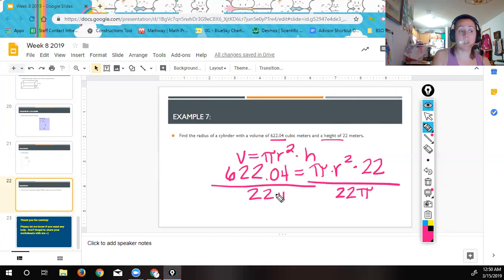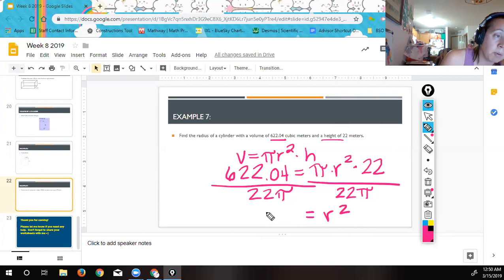And you can totally leave it kind of together because 22 times pi is just telling you to multiply that number. So we're left with radius squared. And I'm going to go 622.04 divided by 22 pi. And I always put parentheses around the 22 pi just to make sure that doesn't mess anything up.